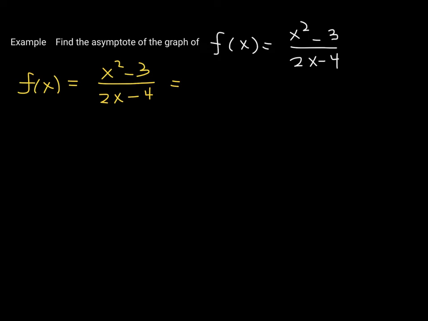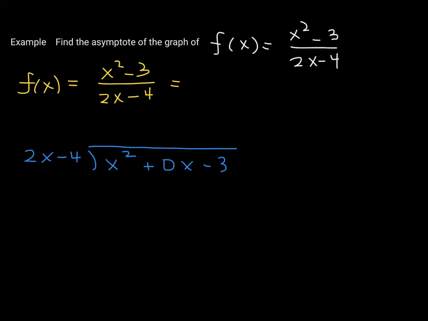The way I'm going to rewrite it is by actually performing the operation of division. The numerator is always my dividend, and my denominator is always my divisor. Notice that I inserted 0x for the missing first degree term.